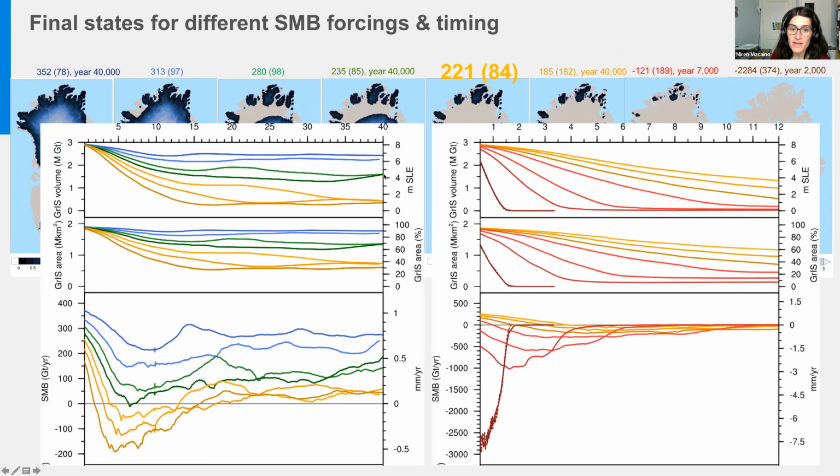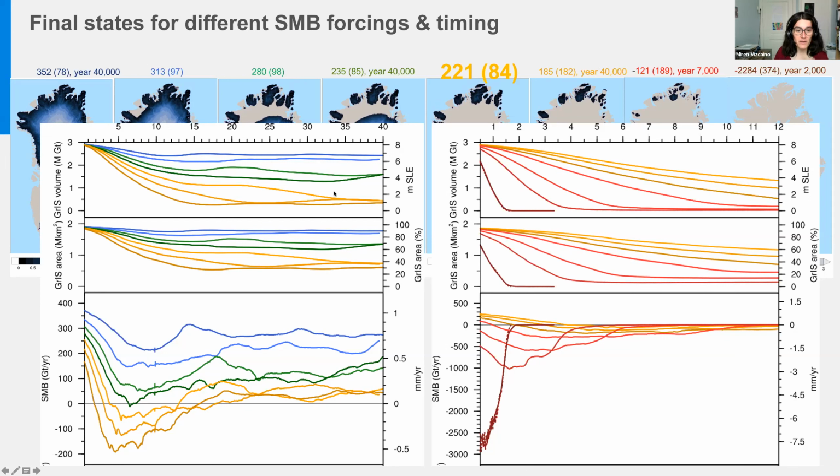The equilibrium ice sheet has 4 meters sea level equivalent, and the yellow runs are these ones. And then the equilibrium after 40K, so 40,000, is 1 meter, and we consider this completely gone, or our threshold to think it is gone.